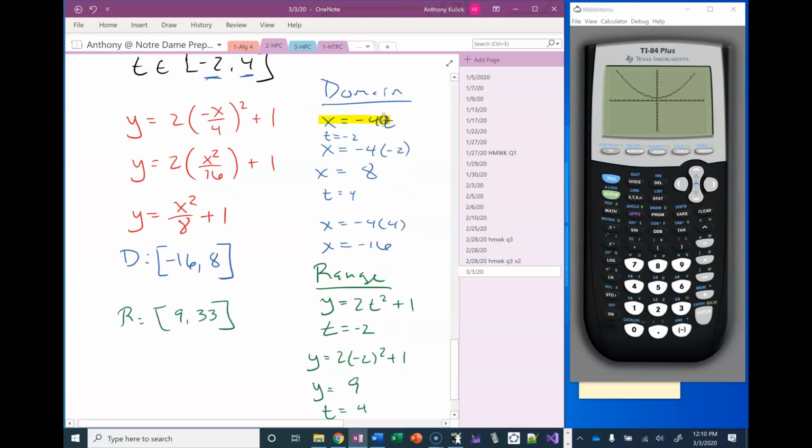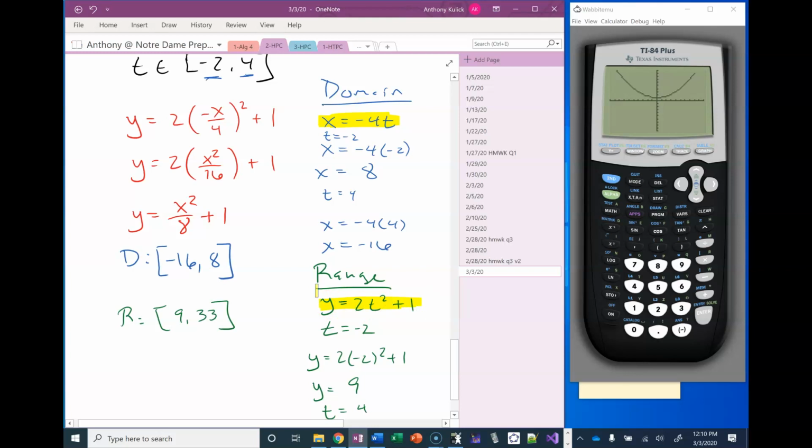Look at the kind of function I'm dealing with in the domain. What kind of function is this? This is linear, right? That means it's always either getting bigger or getting smaller. So the boundaries at the end of that interval are going to be exactly what I need, right? Look at the equation for the range.